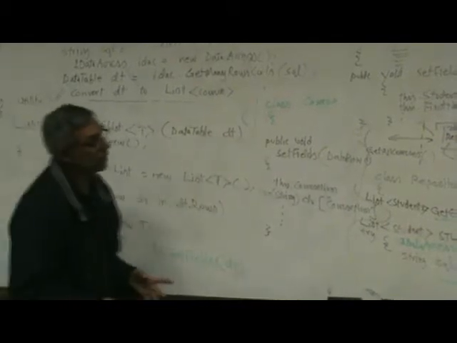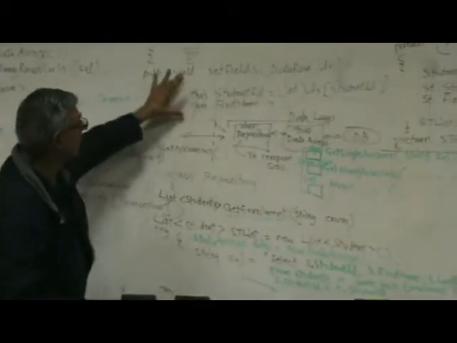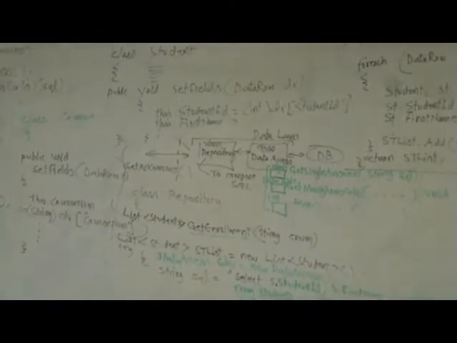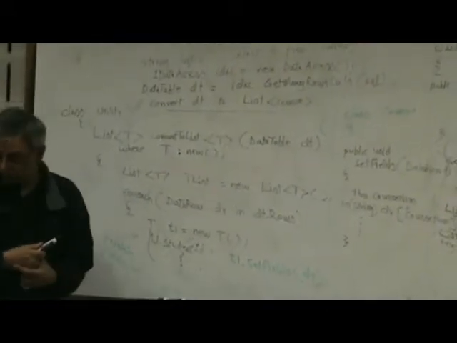If this was called with student, it will call T1.setFields on the student. So every class knows what fields it has. This way we can overcome this limitation and also satisfy the Liskov substitution rule, right?